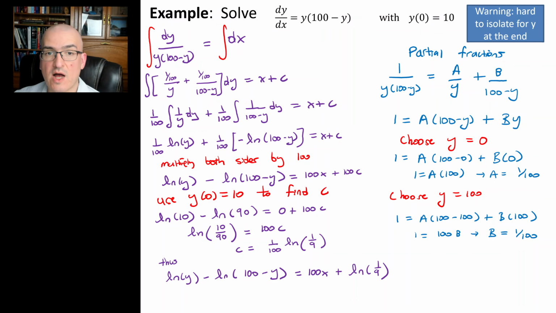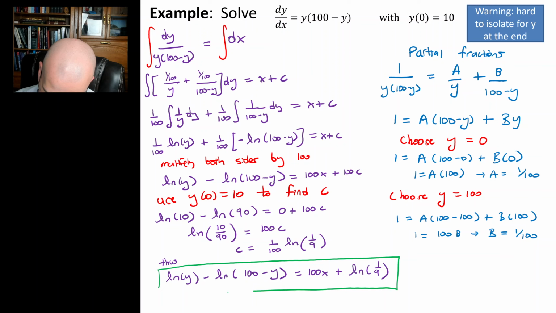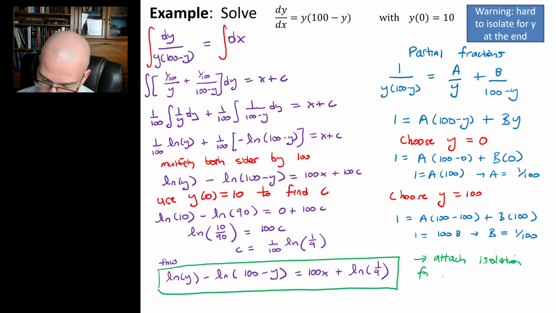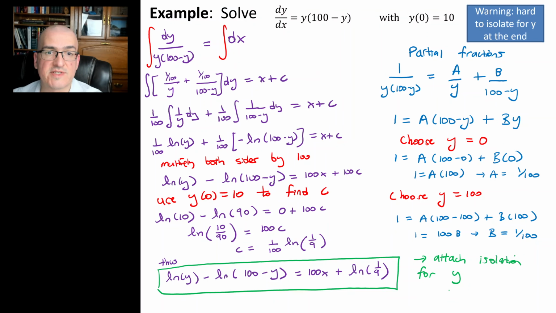Now I mentioned at the top right there that it's very hard to isolate for y. I'll just tack that on, but it's not something you'd have to do.